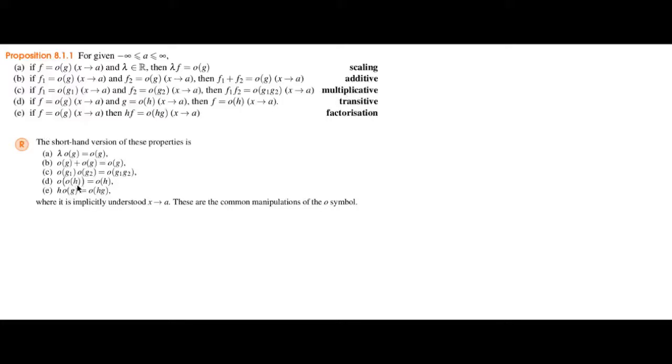Small o of small o of h is small o of h, and h times small o of g is small o of h times g. Okay, so these are the common manipulations of the small o symbol that we will use over and over again, right? And so we'll leave them here while we work on our examples, right?